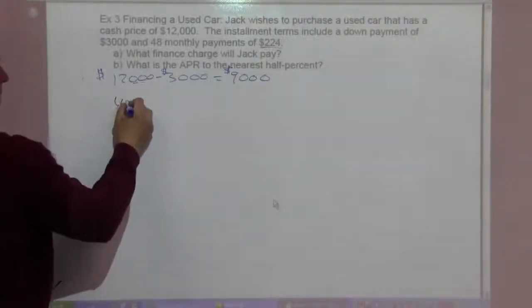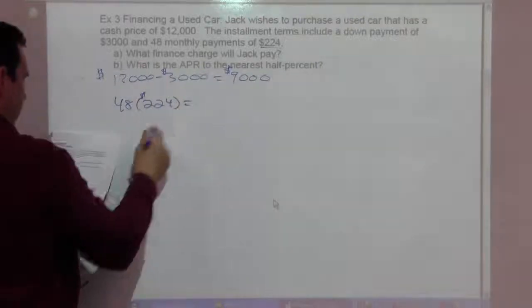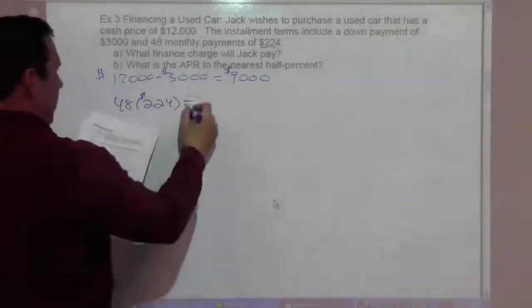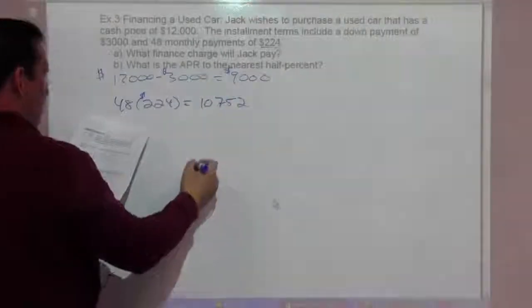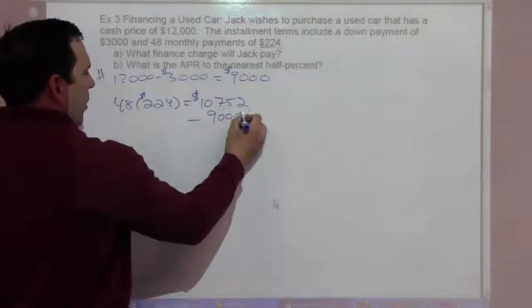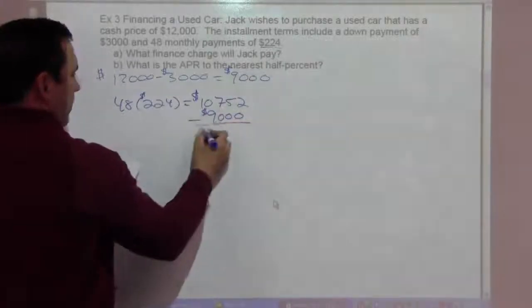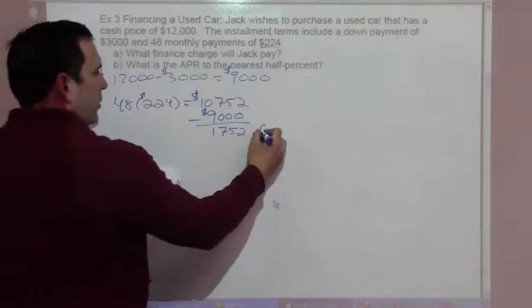If you're doing 48 payments times $224, that would mean his total payments are going to be $10,752. Subtract out the $9,000 that he borrowed, and $1,752 is his finance charge.